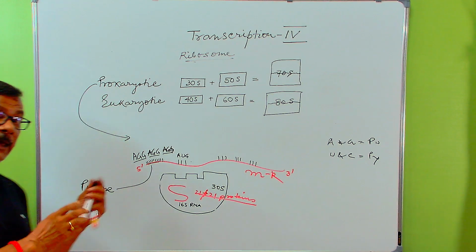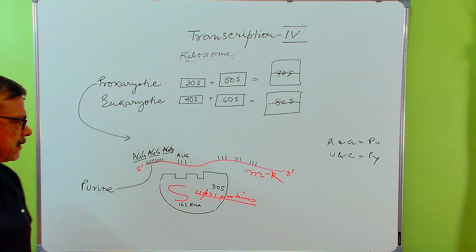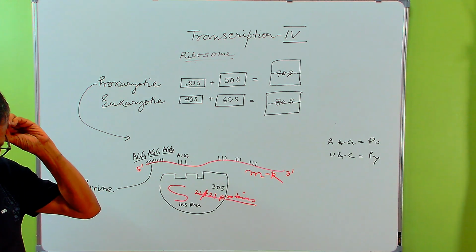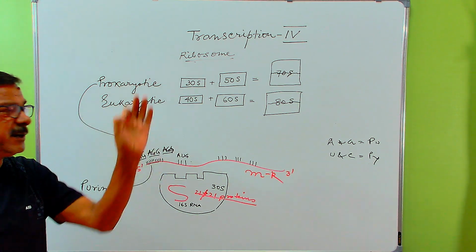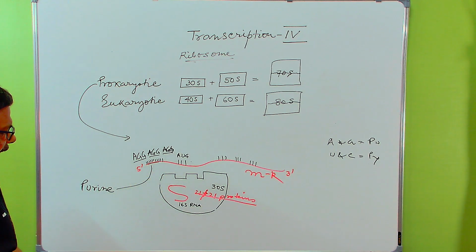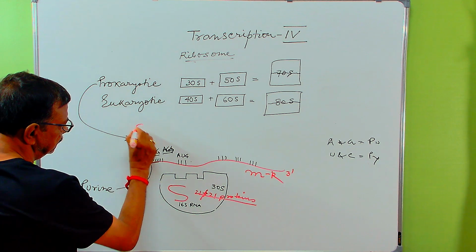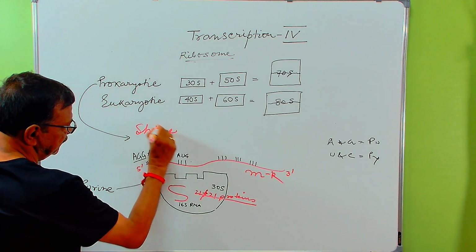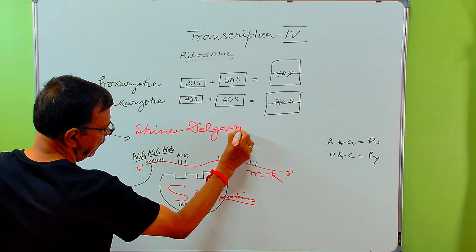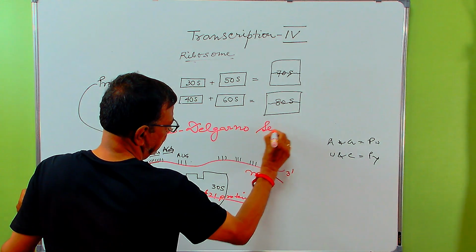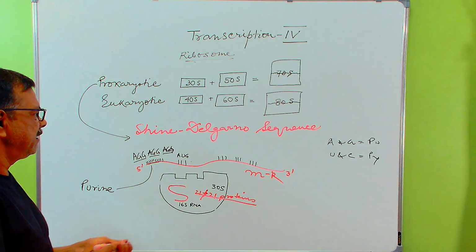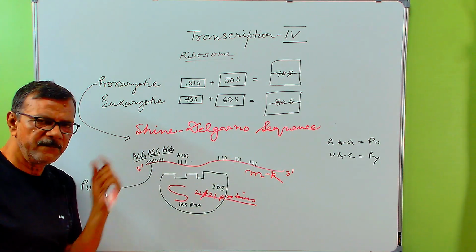But in the mRNA of prokaryotes, they do not get translated into protein. This area is known as Shine-Dalgarno sequence.